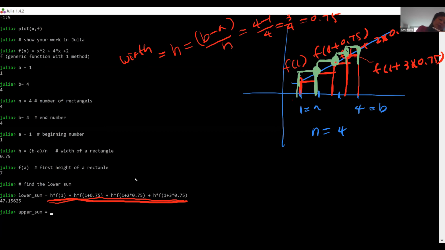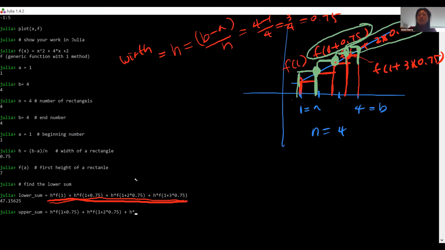So upper sum shares this one. I'm going to say upper sum starts with h times f of 1 plus 0.75, and then plus h times, again I'm sharing this one, f of 1 plus 2 times 0.75. Third one is also sharing the same thing, f of 1 plus 3 times 0.75.